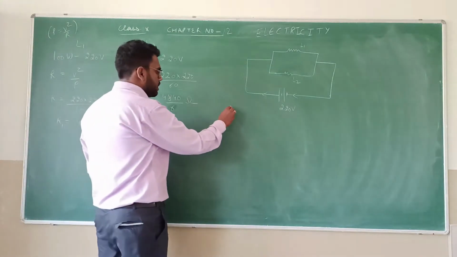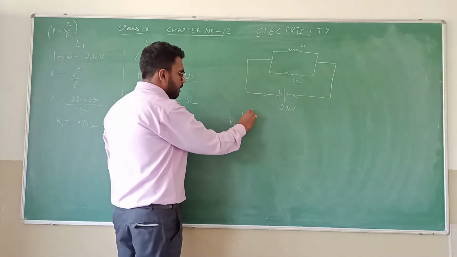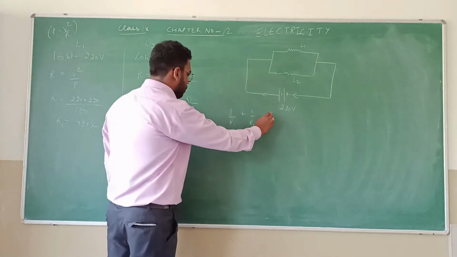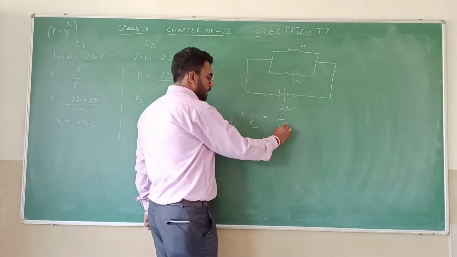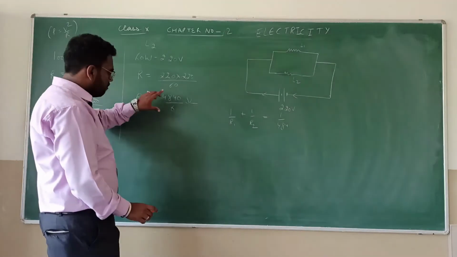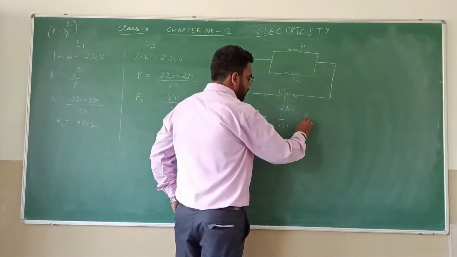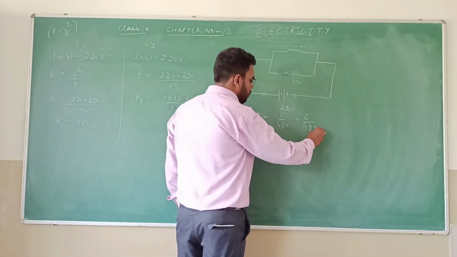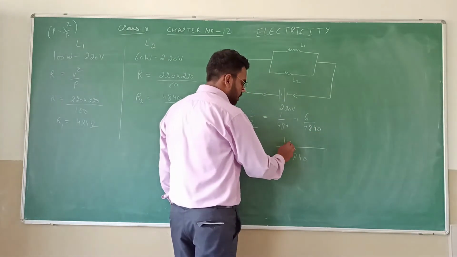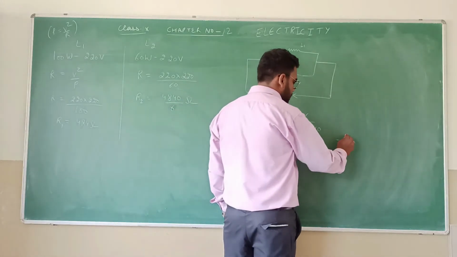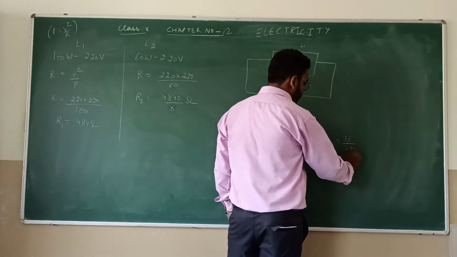These are connected in parallel, so what will be the total resistance? 1 by Rp is equal to 1 by R1 plus 1 by R2, that is 1 by 484 and 6 by 4840. The LCM will be 4840, so 10 plus 6, that is 16 by 4840.